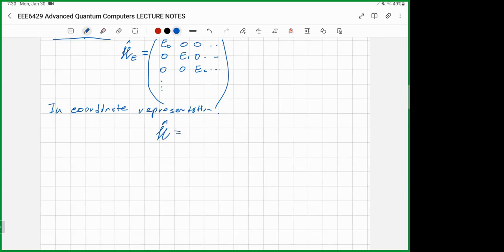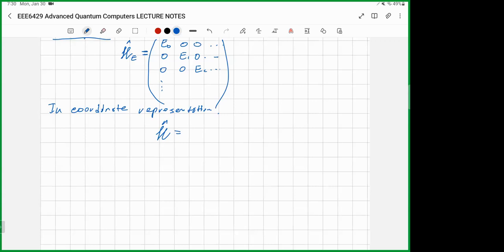So the Hamiltonian is the operator that corresponds to the energy in a classical system. The energy of a classical system consists of two parts, as you remember from school physics, right? The kinetic energy and the potential energy.